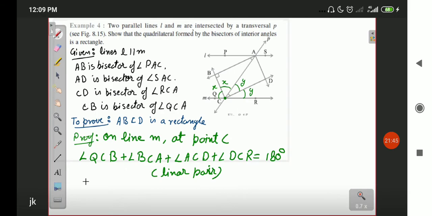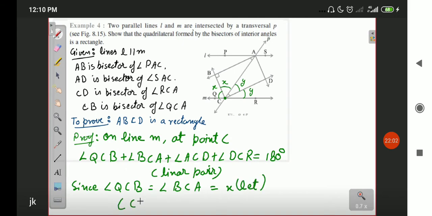Okay. So since angle QCB is equal to angle BCA is equal to X, we are letting it as X. Why? Because CB is bisector of angle QCA, which was given to us.